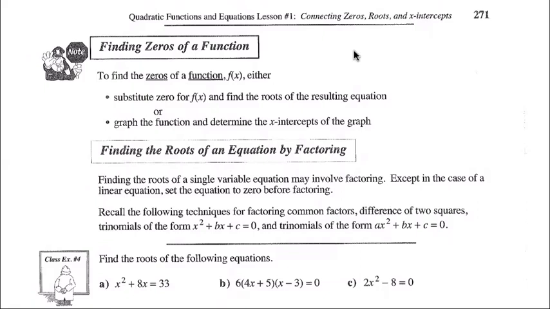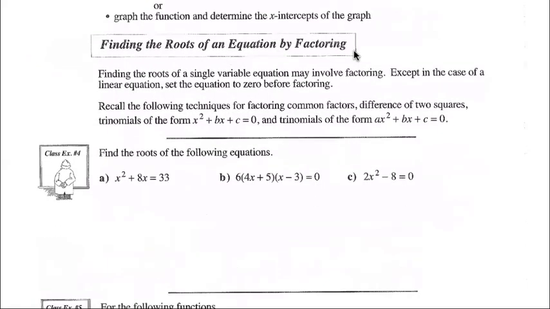But sometimes we don't always have a graph to do that with, so we have to know how to do that by using algebra. And this is where our factoring comes into play. We have to be able to factor all kinds of polynomials all over again.